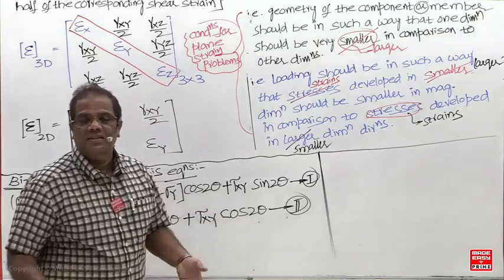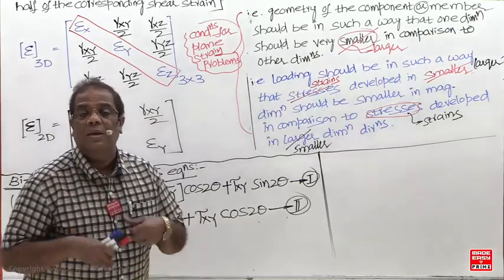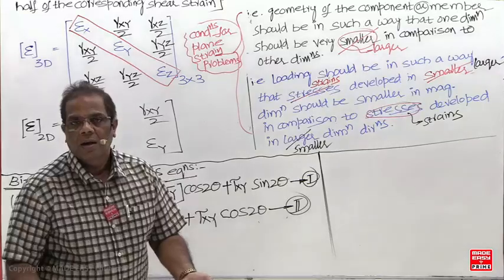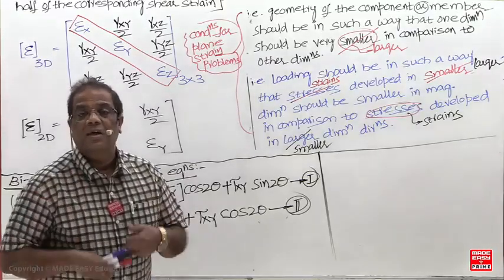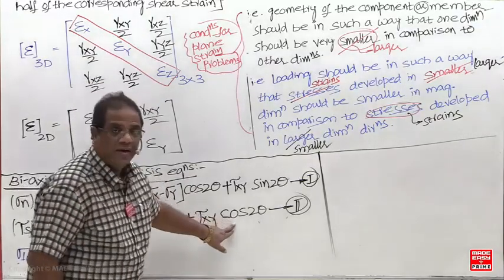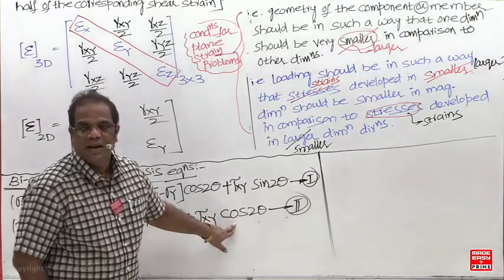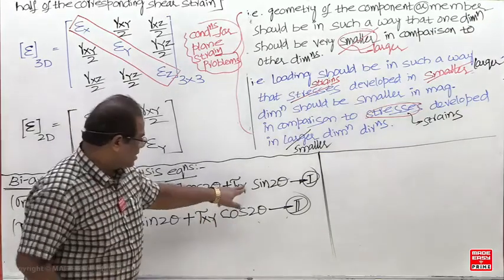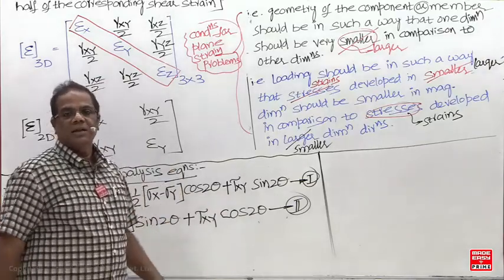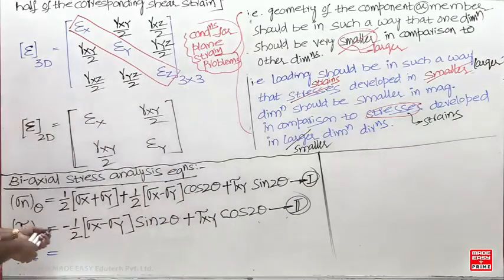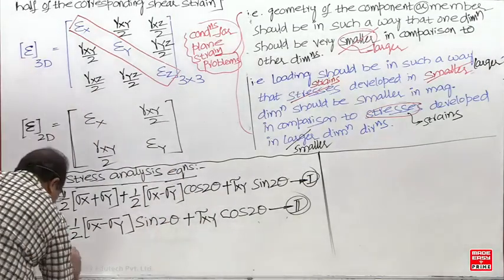Now how to get a principal stress? Principal stress is the normal stress on the plane of 0 shear stress. Equating to 0, I get the location of the 0 shear stress plane. Once you get the value of theta, you substitute it and you will get the equation. So I am directly writing this very, very important equation: 1 by 2.